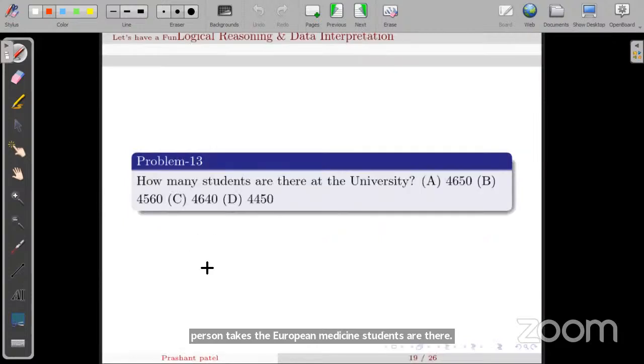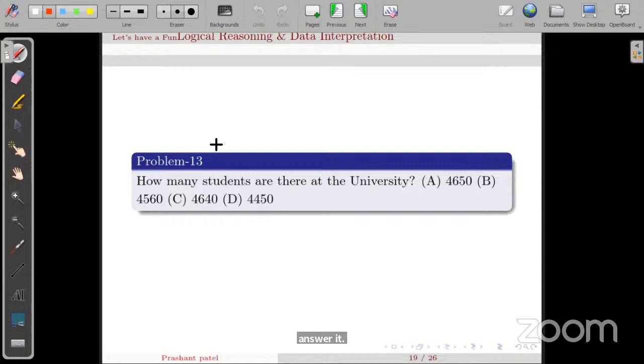Okay, next question. How many students are there in university? University में कितने students हैं? This is question, I think so. Now everyone can able to answer it. I don't want answer from Vaidai.